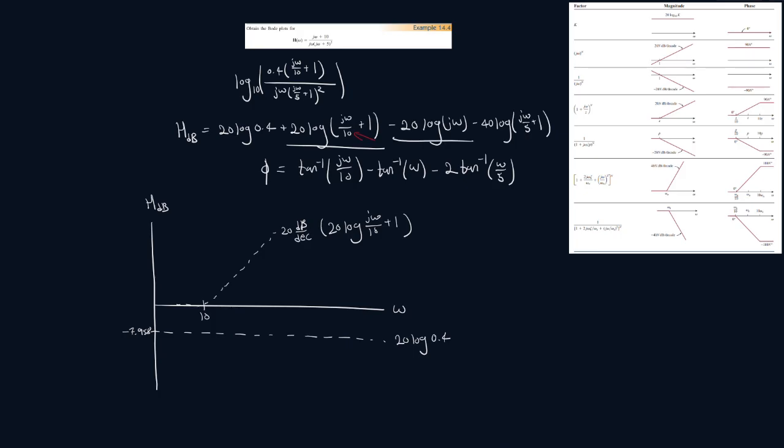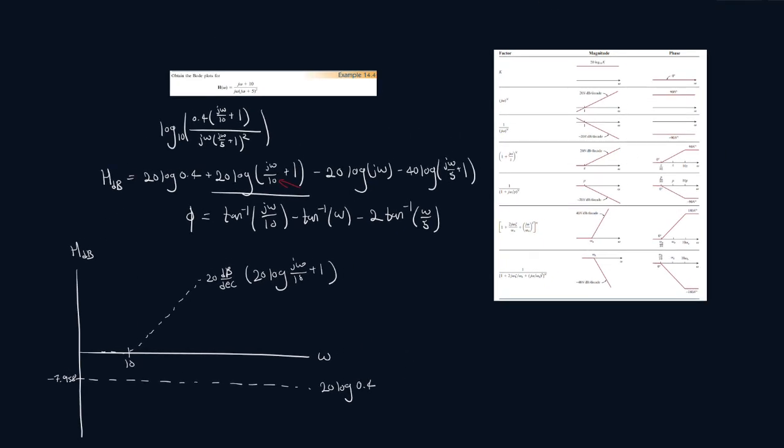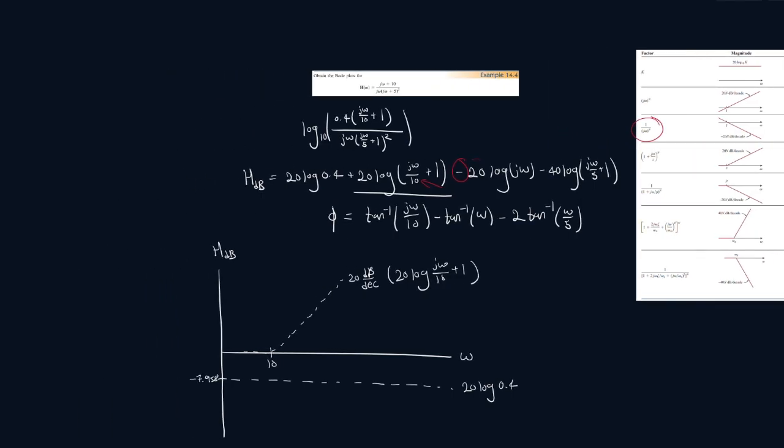Okay, now minus 20 log jω. Let's see. Since it's minus, we're going to be doing this one. And we see at the point which is going to be 0.1, it's going to intersect through it with a slope of minus 20. So it's going to be like this. So this is going to be 20. Actually, I'm going to extend this out more, because it's not going to look too scaled.